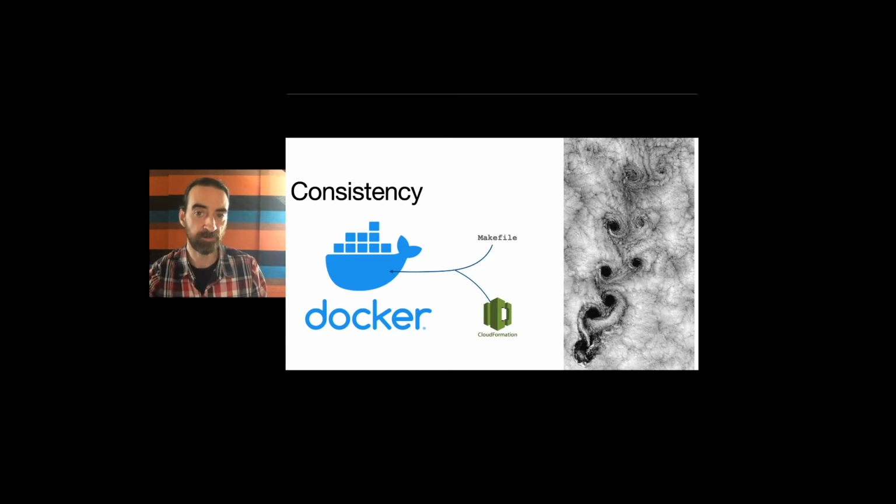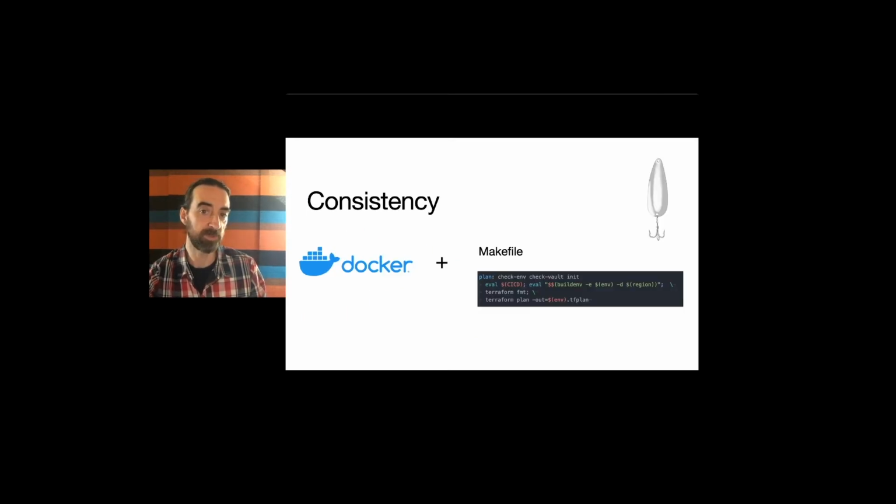In general, this is a pattern that my team follows across the board. So when it comes to something like Terraform, we'll have a build container and a makefile, and we have simple plan and apply directives. Here's an example showing the plan directive. But we can do the same with our CloudFormation template.